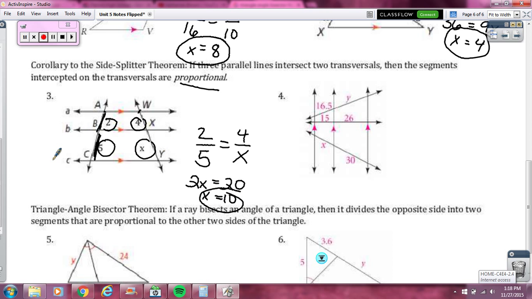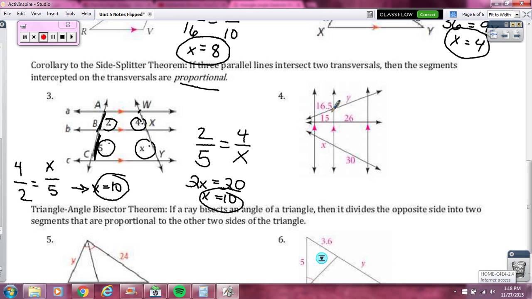Something cool that I wanted you to notice is that you could set this up another way too. You could also have 4 over 2 equals x over 5. And when you cross multiply and solve that, you get the same thing, x equals 10. So a lot of different ways that you could set these up.